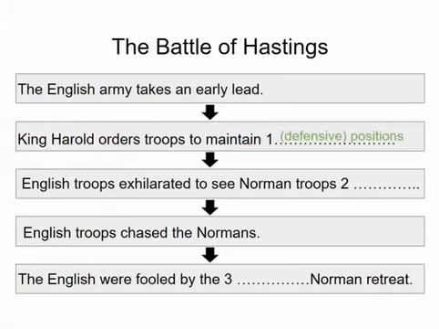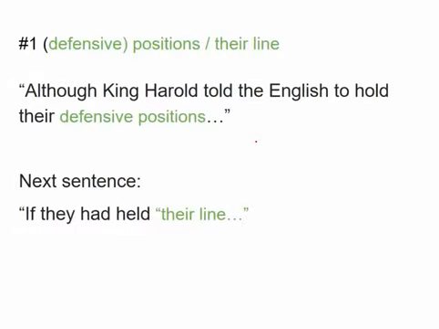The sentence that gives you the answer mentions defensive positions or just positions. Also, in the next sentence after that, an acceptable answer would be their line. Because what King Harold ordered his troops to do was mentioned here.